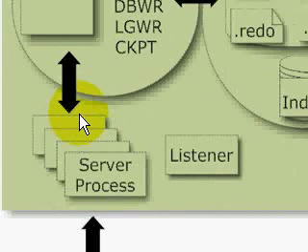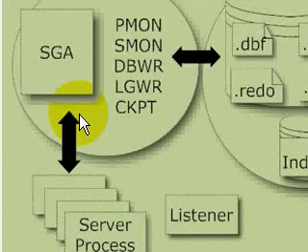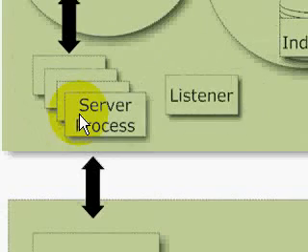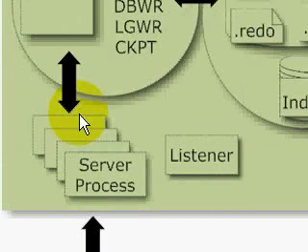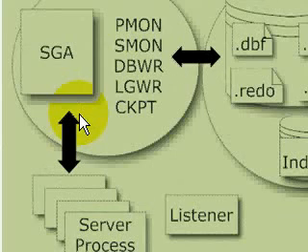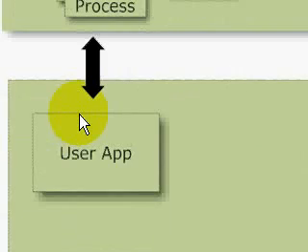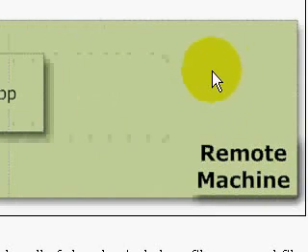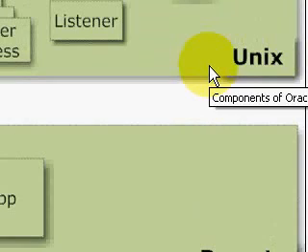And we have the server processes, the process monitor, the system monitor, the database writer, and the log writer, and then the checkpoint. These are connected to your user application, which sits on the remote machine.